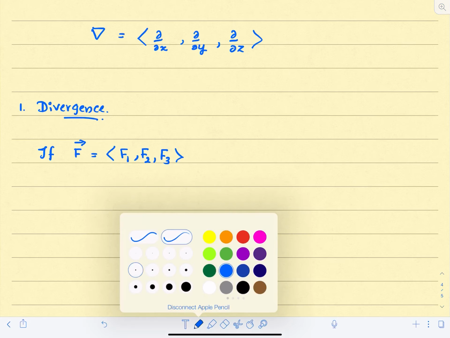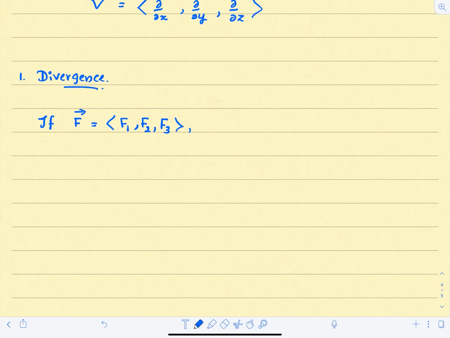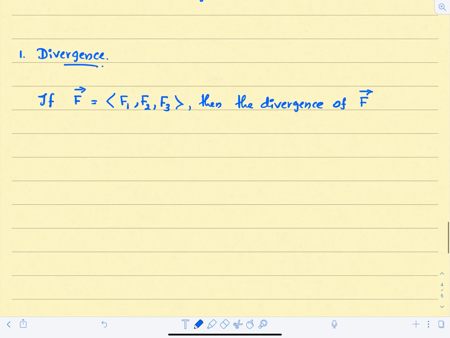So if we have a vector field f equal to this, then the divergence of f, we denote the divergence of f using this symbol or grad dot f. This is the dot product.